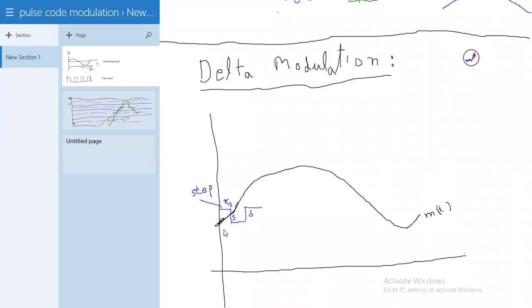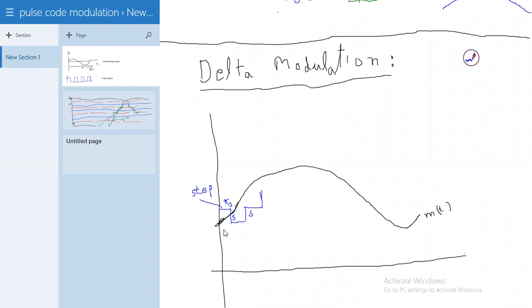Then after Ts seconds we compare again. In this example the step signal is less than the modulating signal, so the step signal is increased by 1 step.